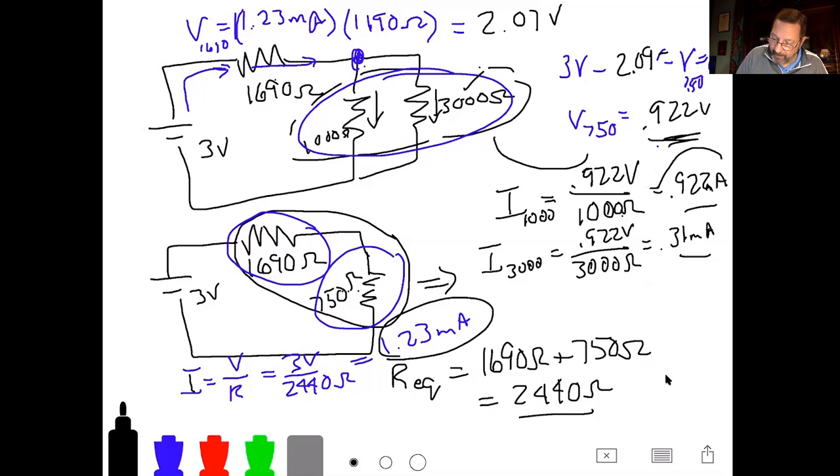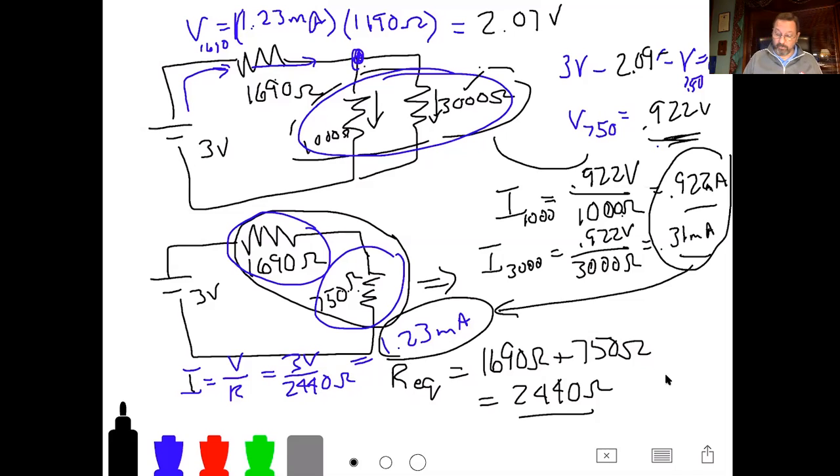And if you add these two together, can you see that you get exactly that number? 0.922 milliamps and 0.31 milliamps adds up to be about 1.23 milliamps. So the current leaving the battery going through the 1690 ohm resistor is exactly equal to the current splitting between the two resistors, as 0.922 milliamps and 0.31 milliamps in the other.